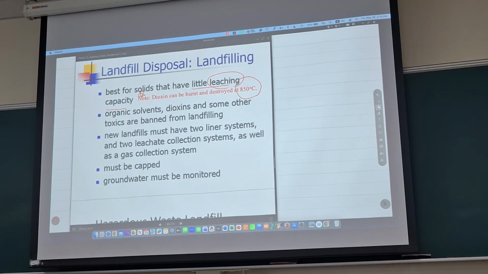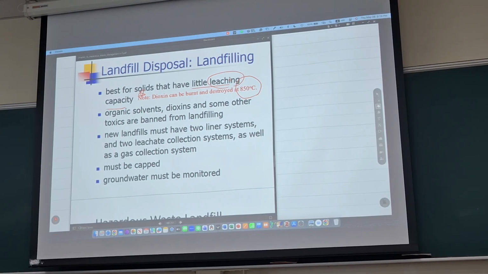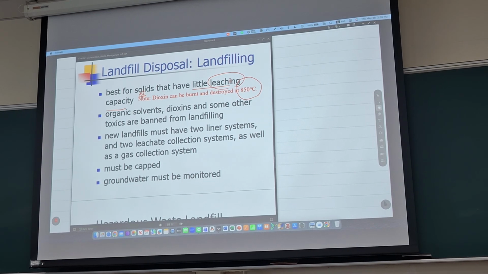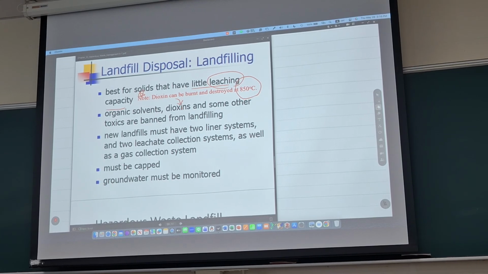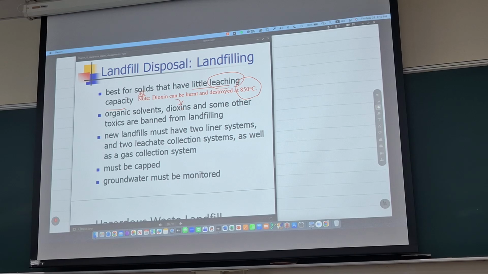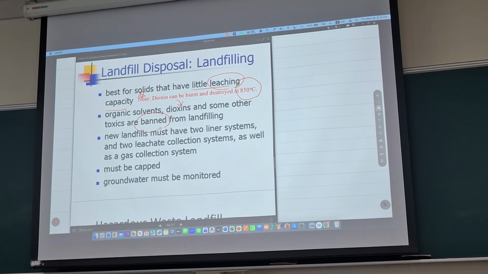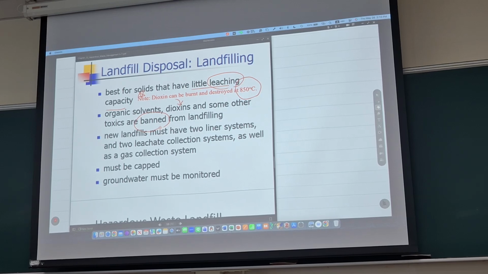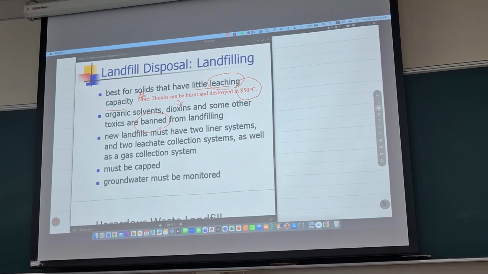Leaching means the chemical dissolves in the water and moves out of the waste. So organic solvents like dioxin, as I mentioned, must be burned at 850 degrees Celsius. And some other toxic chemicals should be banned from landfilling. You cannot just bury it. It might contaminate our groundwater or even our surface water.